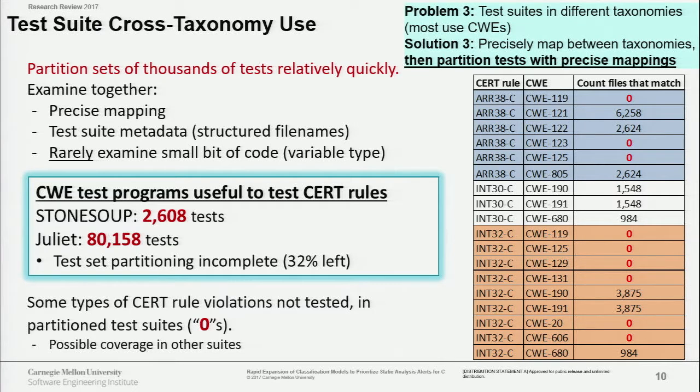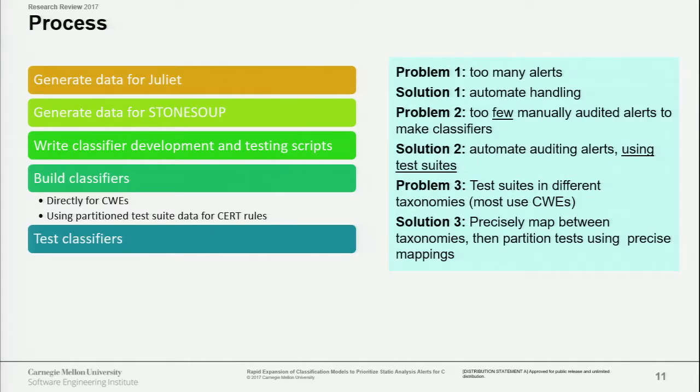And we haven't even completed the Juliet test suite partitioning using this method. 32% is left. So we've been successful at this cross-taxonomy test suite use. This slide simply summarizes the problems and solutions that we addressed in this project and the steps of our process.